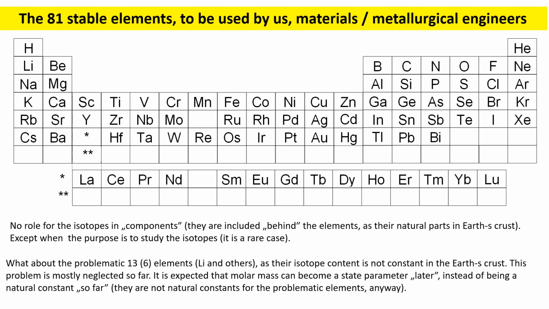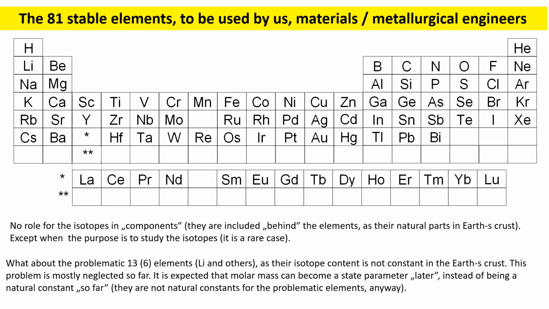But then, even if we neglect the isotopes, as explained right now, we have a problem, because you remember we have 13 or at least 6 problematic elements, the most problematic being lithium, because the isotope concentration and therefore the atomic mass is uncertain in the Earth crust.